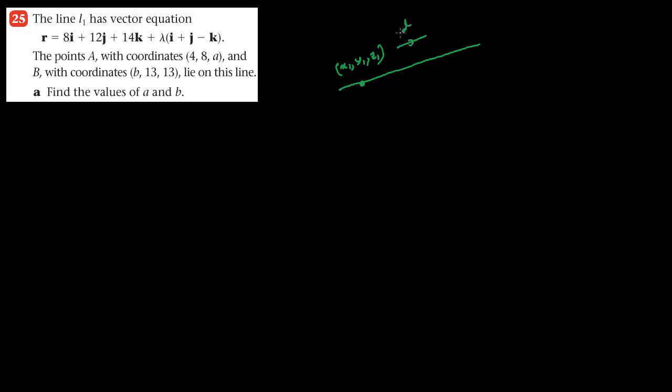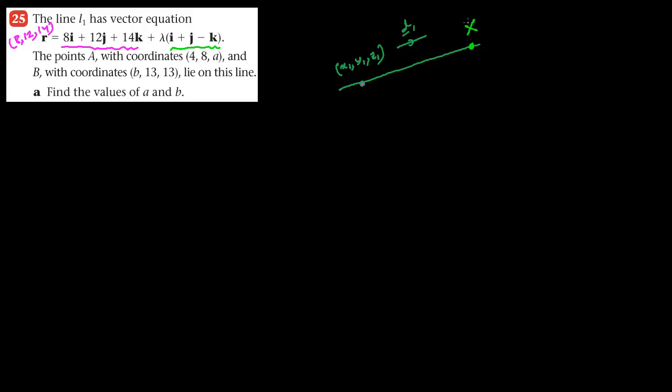Let me call this vector d or d1. Now when they say the line L1 has vector equation this and that, it simply means that this point over here, 8, 12, 14 is this starting point x1, y1, z1, and this value over here, the direction vector, it is this one, the direction vector d1, and the line is basically an arbitrary point, any point.